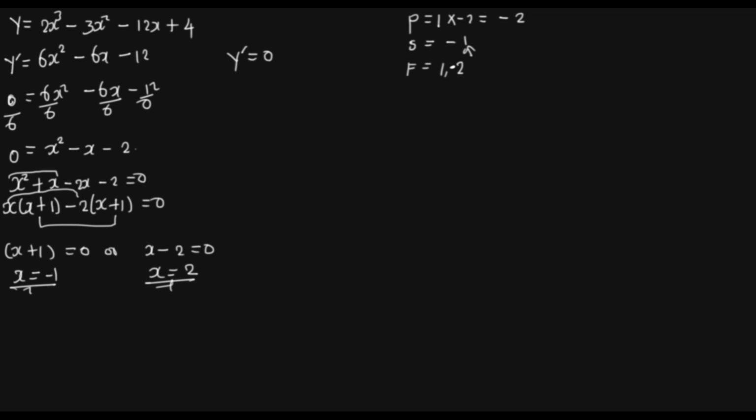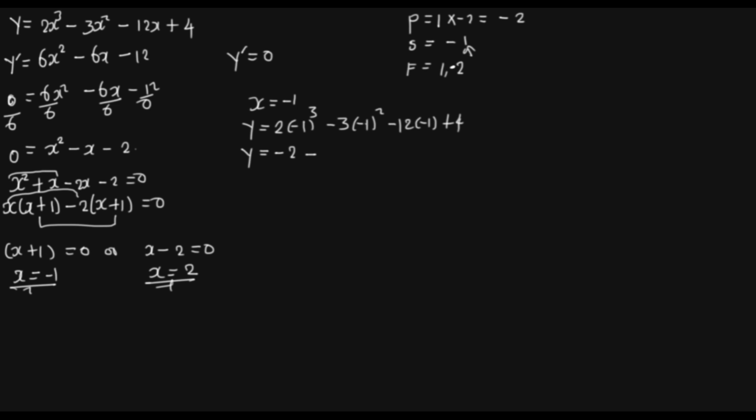So we can now find the value of y. So we'll begin by first using x is equal to negative 1. So y is equal to 2(negative 1) to the third minus 3(negative 1) squared minus 12(negative 1) plus 4. So we can see that negative 1 to the power 3 is negative 1 times 2, negative 2.